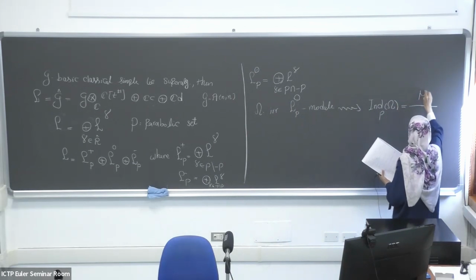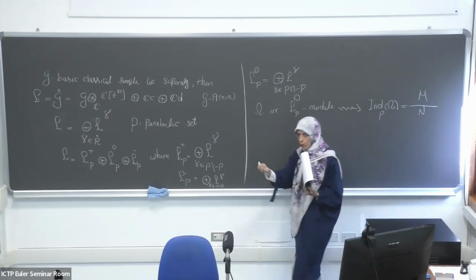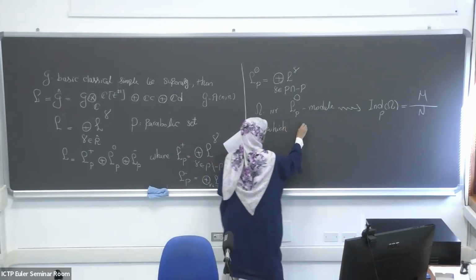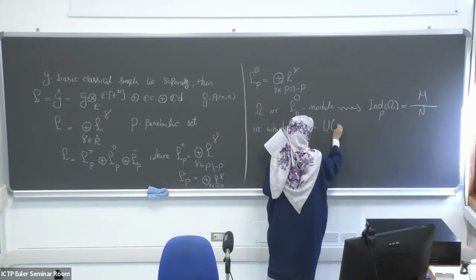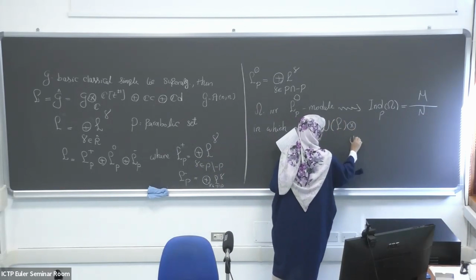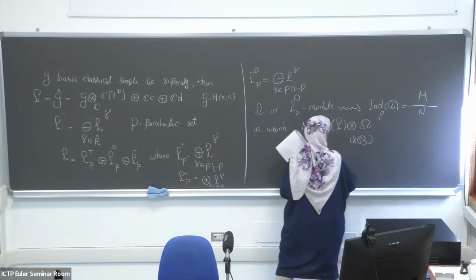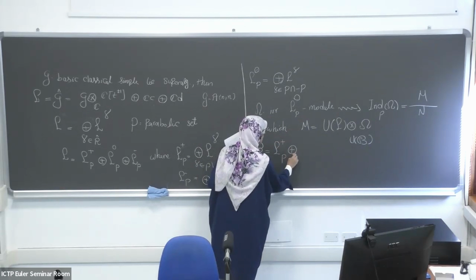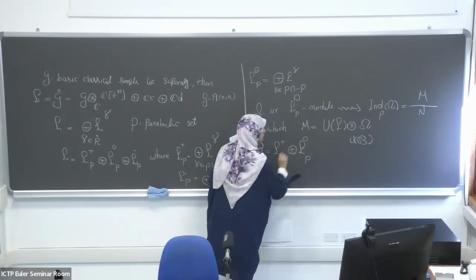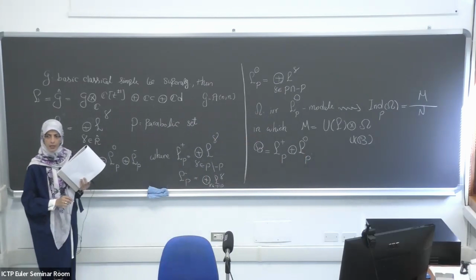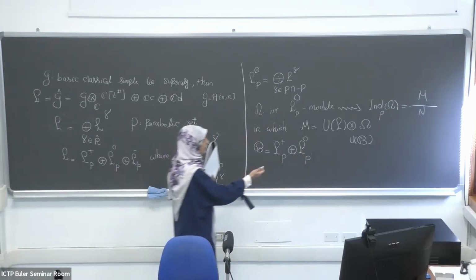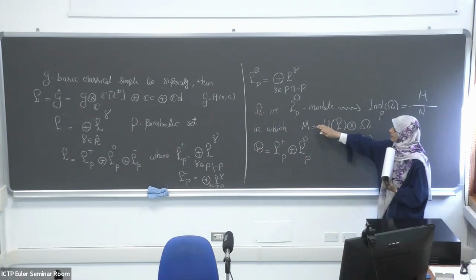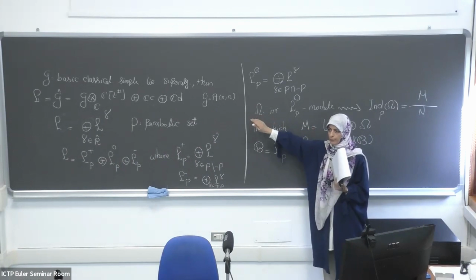That was, you remember, a quotient of a module M over N, in which M is just U(L) tensor over U(B) omega, and B is L plus P direct sum L null P, right? And N was the unique maximal submodule of M intersecting omega trivially, right?